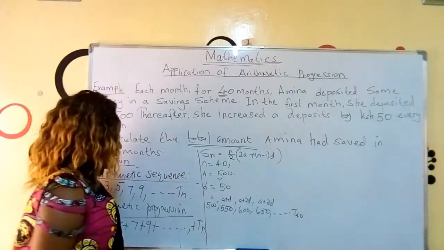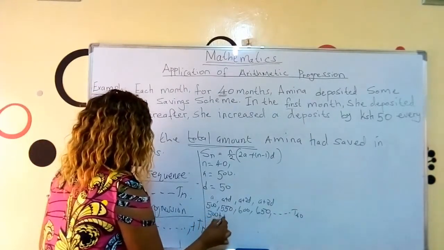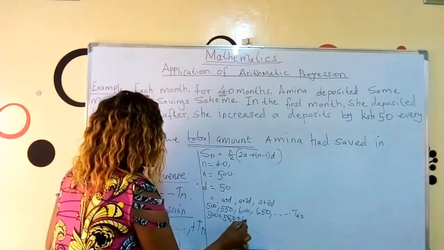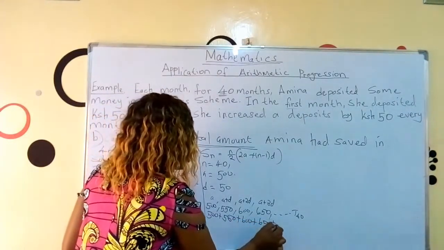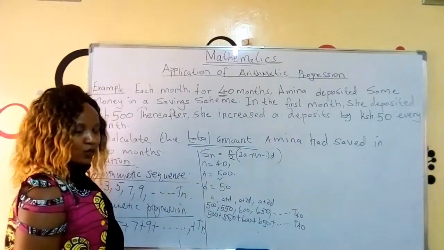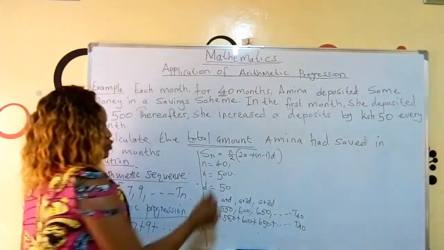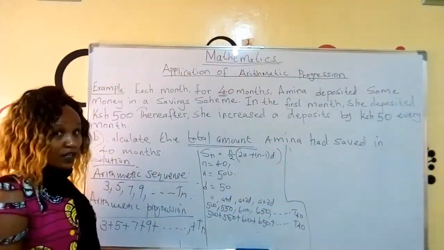So the question is, what is the sum? What is 500 plus 550 plus 600 plus 650 plus all the way to when n is 40? So that is the question. That is why now we are going to consider the sum, right?